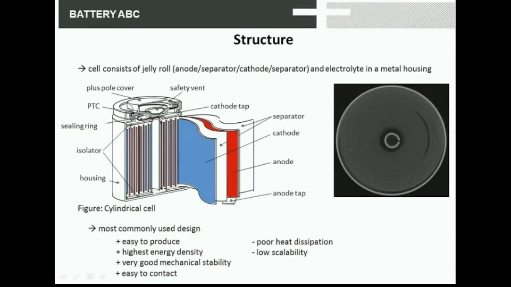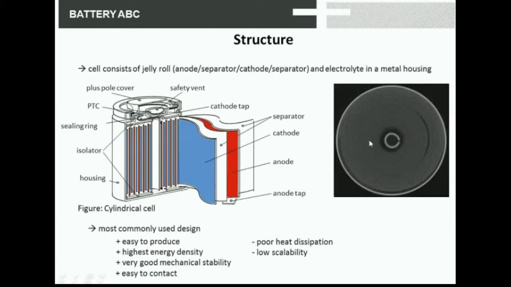The structure of a lithium-ion cylindrical cell is like you see over there. We have a can made out of metal. Yeah, this one here. We do have a minus pole and a plus pole. Inside, there's what we call the jelly roll, and this jelly roll consists of separator, cathode, and anode. Of course, the anode tap as well.